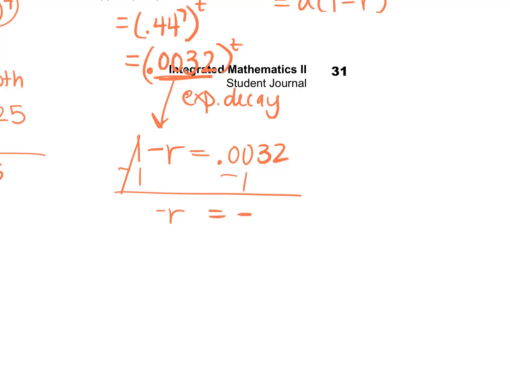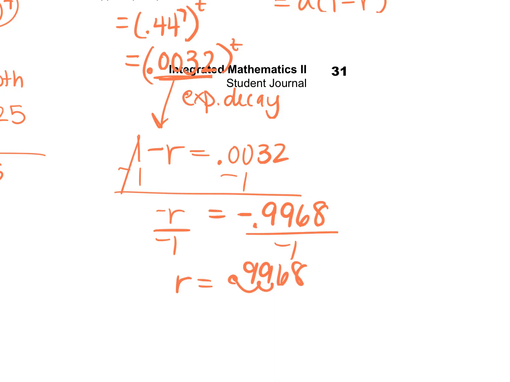So we get negative 0.9968. And then we divide by -1. So we get a rate of 0.9968, or 99.68% decay rate.